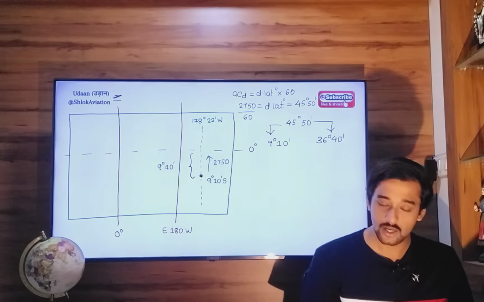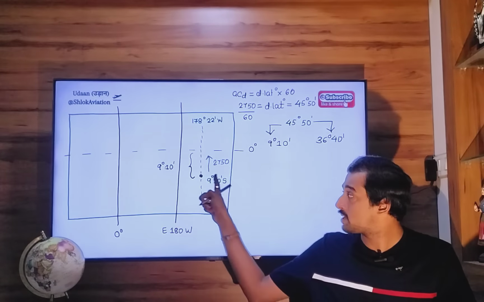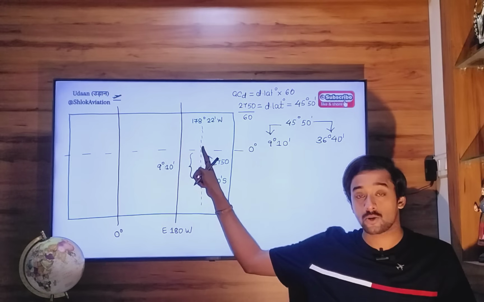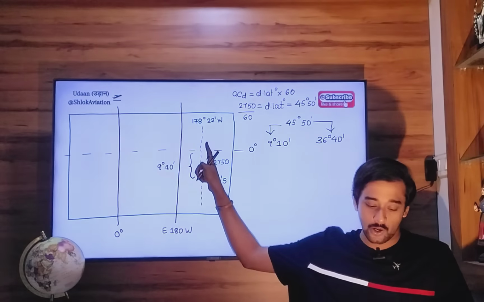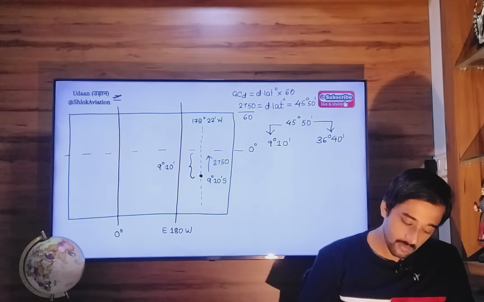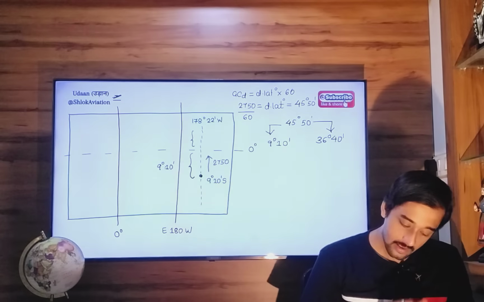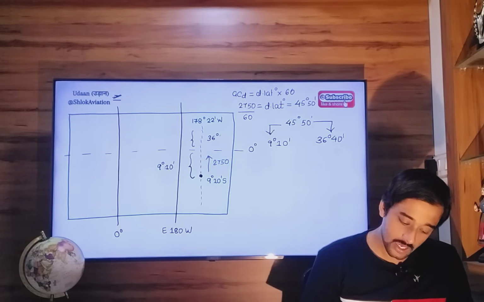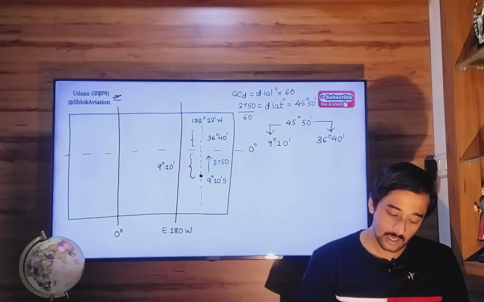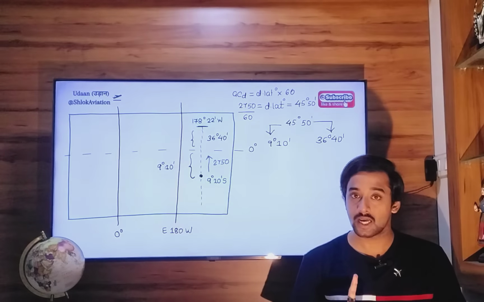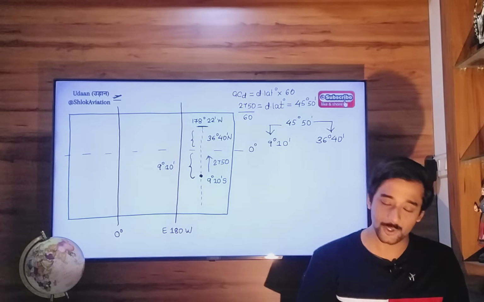So you are going to travel 9 degrees 10 minutes in the southern hemisphere up to the equator. From the equator you are going to travel the extra remaining 36 degrees 40 minutes. So your new latitude will be 36 degrees 40 minutes north.